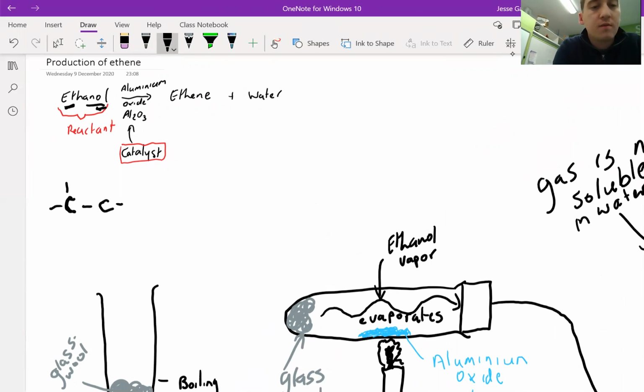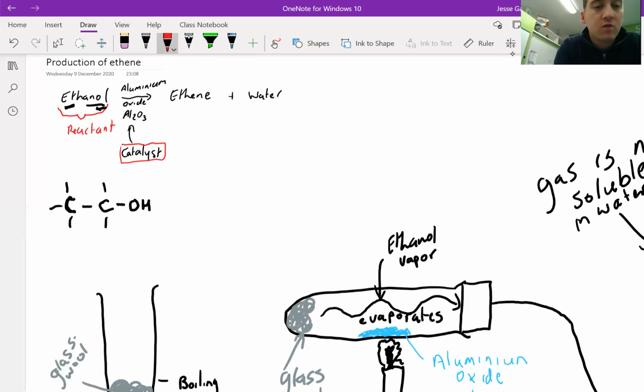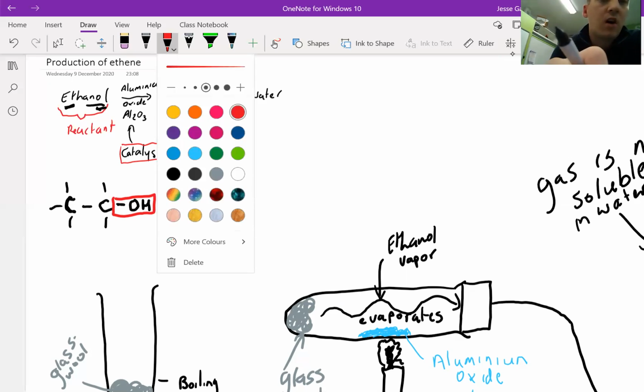The functional group of an alcohol is an OH group. So this is the functional group here. I'm just going to highlight it. If you've got an OH bonded to a hydrocarbon like this, then that means it's an alcohol. So that gives it the name anol, or ol, at the end.